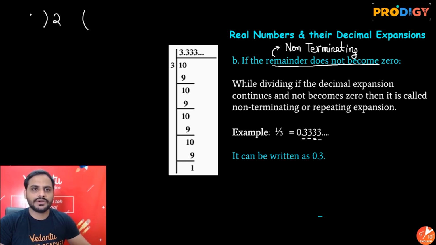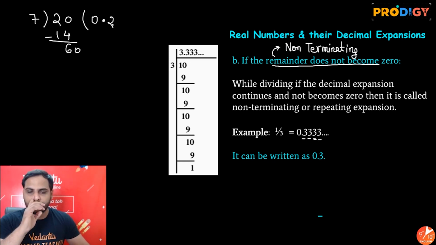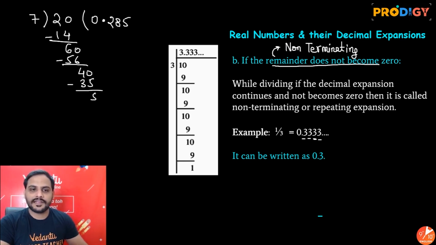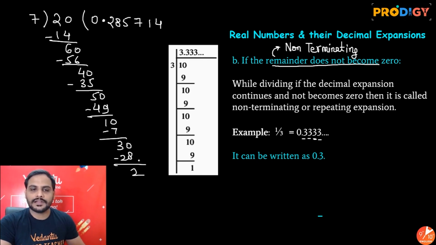Let's say I am dividing 2 by 7. First, 7 will not go there, so 0 point, and it becomes 20. 7 2s are 14, remainder 6. 7 8s are 56, remainder 4. 7 5s are 35, remainder 5. 7 7s are 49, remainder 1. 7 1s are 7, remainder 3. And 7 4s are 28, remainder 2.